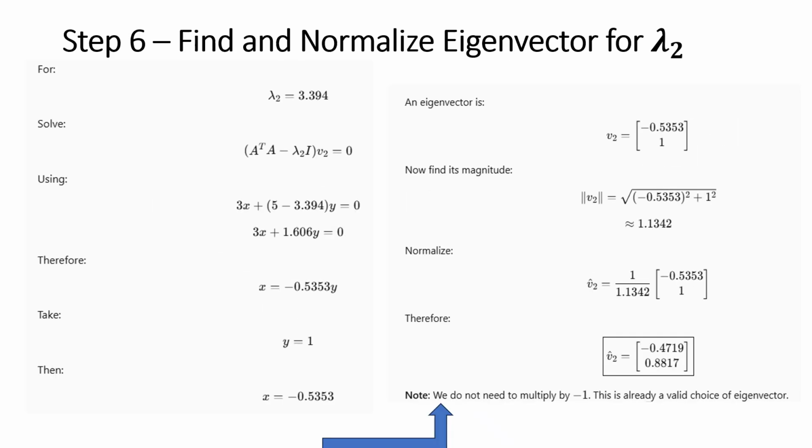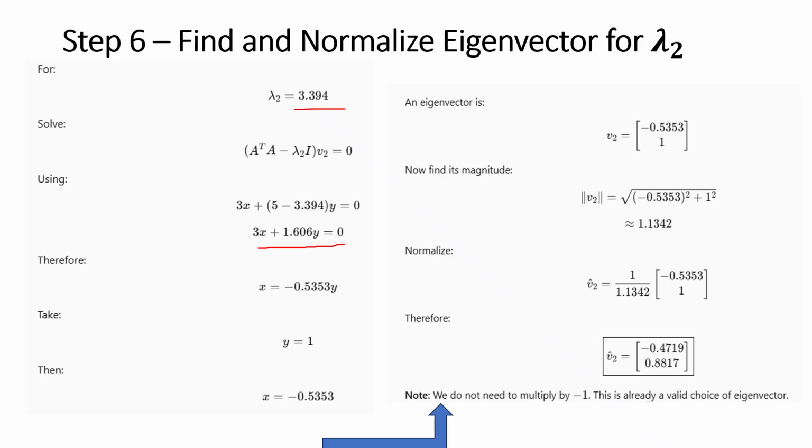Likewise, you have to find the eigenvector for the second eigenvalue lambda 2. So lambda 2 is equal to 3.394. Again, follow the same process: multiply the second row with the column x and y, so that you get an equation like 3x plus 1.606y is equal to 0.